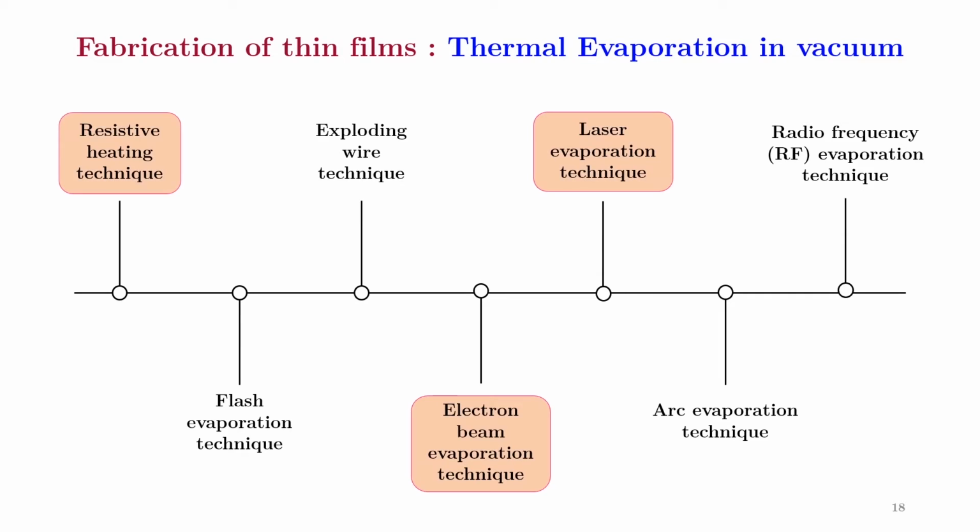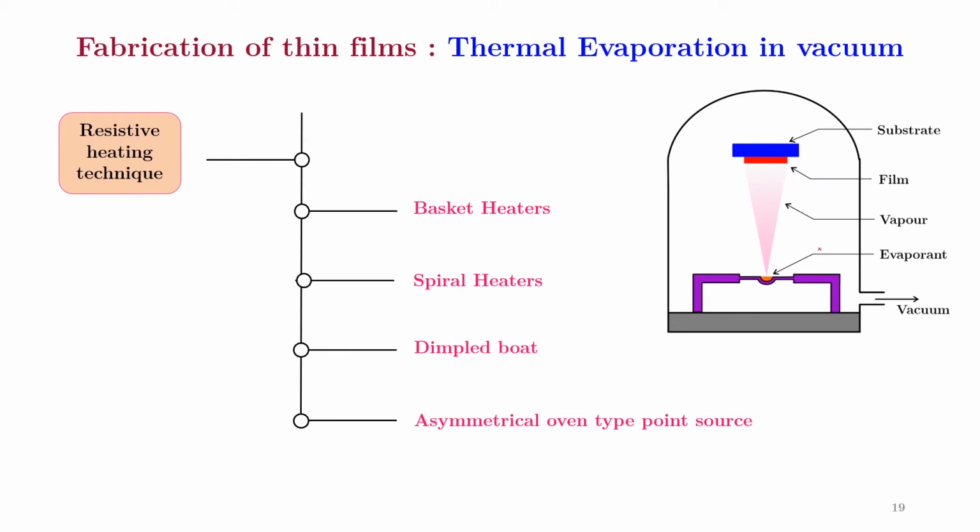From among these, we shall now discuss the resistive heating technique, electron beam evaporation technique, and laser evaporation technique. As we have already seen, we need to have a source holder inside the vacuum chamber. The various source holders in resistive heating technique include basket heaters, spiral heaters, dimple board, and asymmetrical oven type point source.